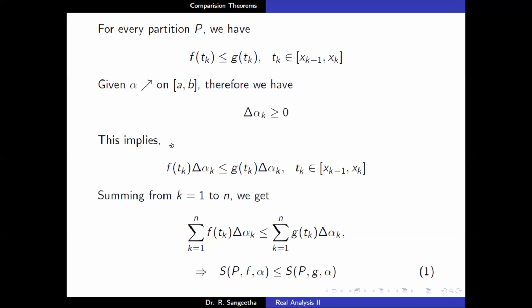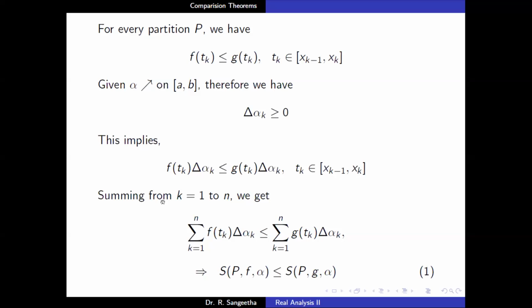So this will imply f of tk into delta alpha k is less than or equal to g of tk into delta alpha k, where tk is from the kth subinterval. And this is true for any subinterval, that is, from k equal to 1 to n.